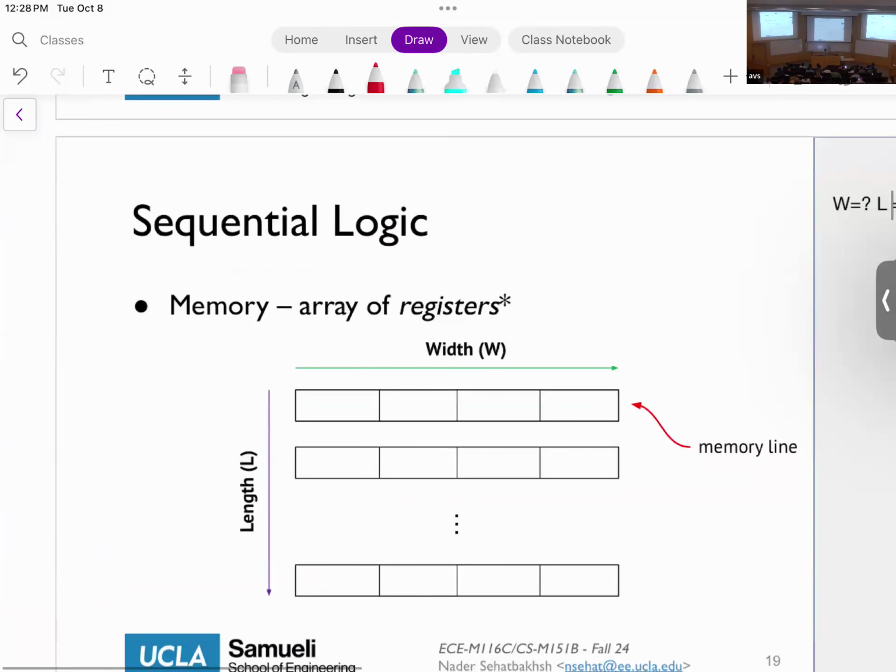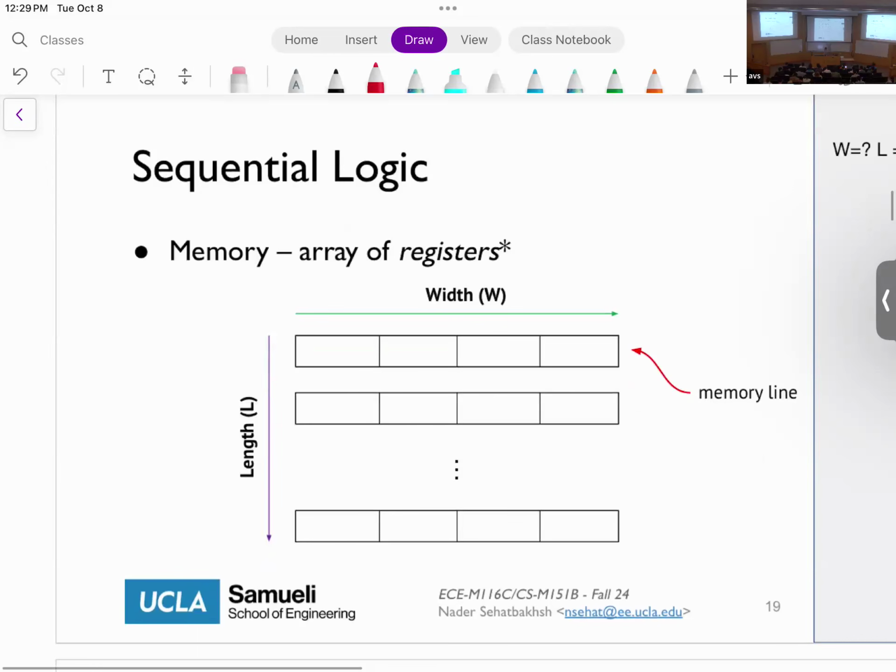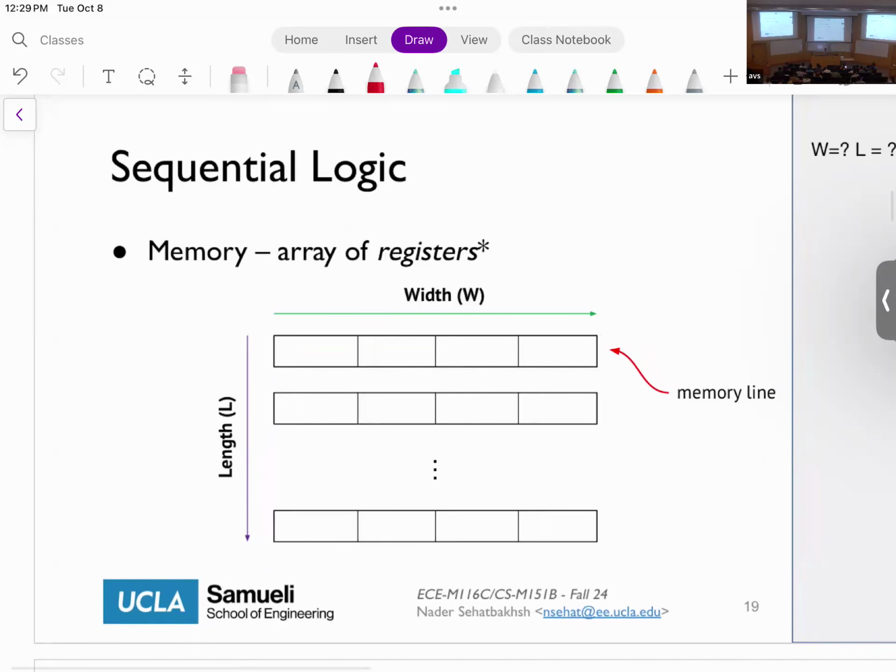All right. And then you can consider the register file as kind of an array of these registers, okay? So we can have, for example, a memory that has sequential logic. You can assume it as a 2D array of width and length, right?